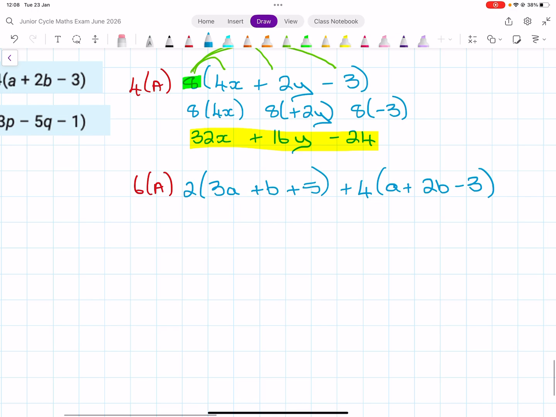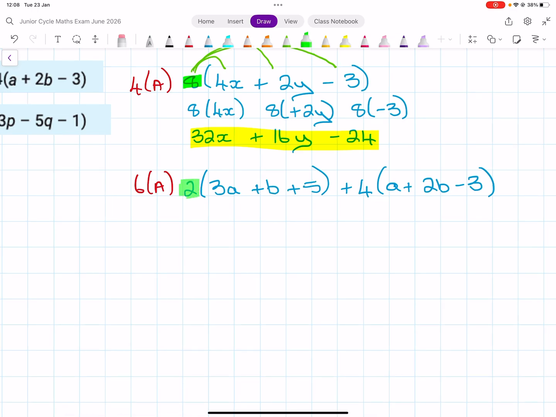Right, so I've got two different brackets here. I've got the 2 that needs to be multiplied across the first bracket, and then I've got the 4 which needs to be multiplied across the second bracket, and I've also got some invisible maths in here that I'm just going to deal with. So the b needs a 1 and the a needs a 1.